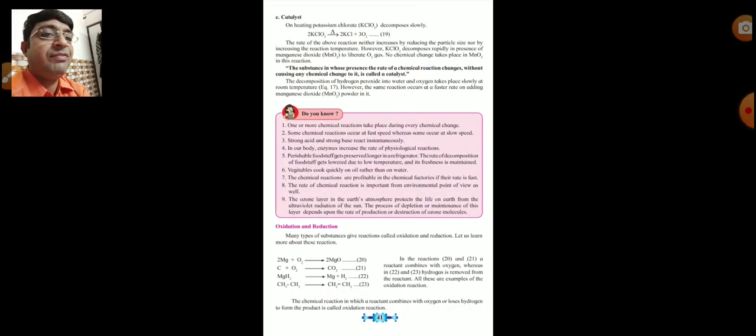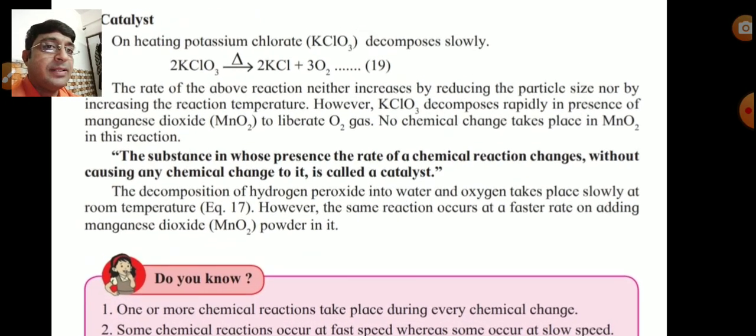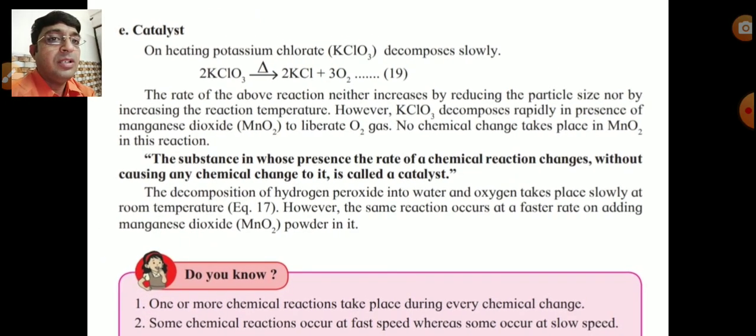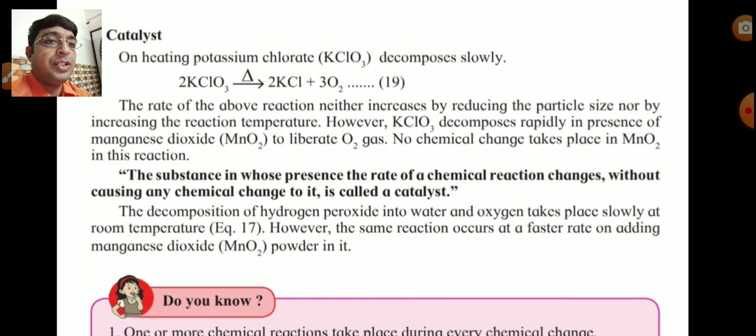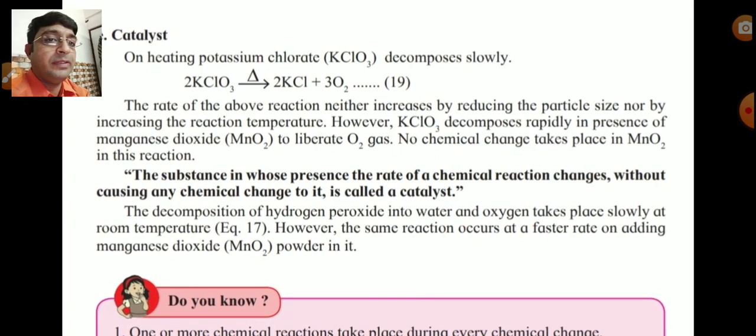Now on the next page, the fifth factor is given here, catalyst, and one reaction is also given for us. On heating potassium chlorate, formula given in bracket, KClO3, it decomposes slowly. Triangle means we are supplying heat to this reaction, and afterward the potassium chlorate decomposes to form two products: two molecules of potassium chloride, KCl, and three molecules of oxygen.